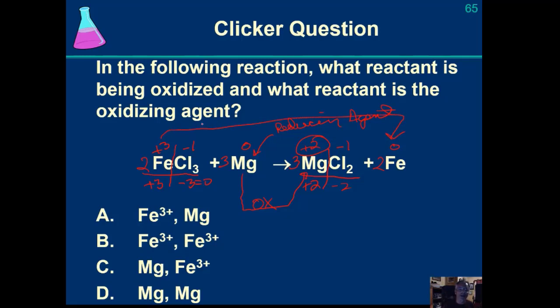It's being reduced, which makes it the oxidizing agent. Okay, and so we can go ahead and figure that out. We're looking for what's being oxidized. That's magnesium. What is the oxidizing agent? That is the iron 3 plus. You might have seen that written as FeCl3. That's totally legit, but this is better.